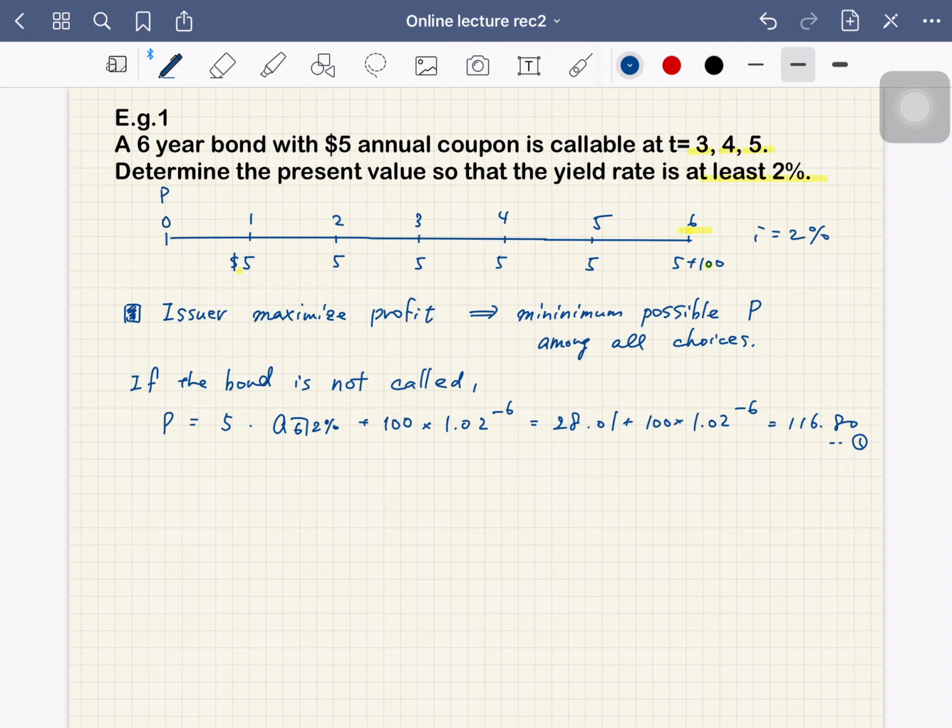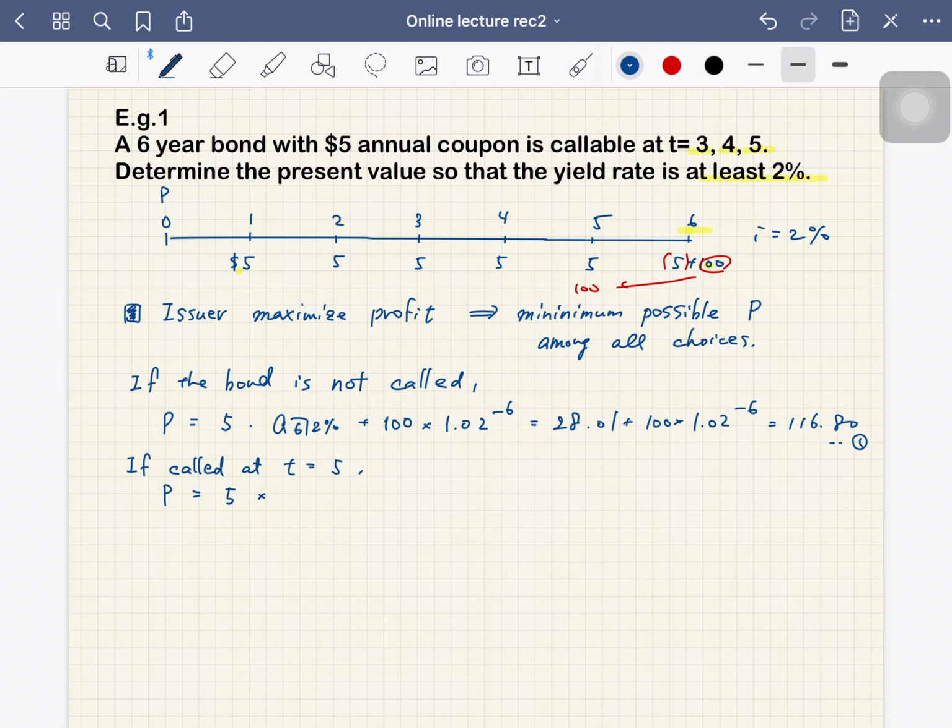Okay, so how about if the bond is called at t equal to 5? So then what happens? So then P is equal to 5 times, so it's called here, so 100 just becomes here, then this disappears, so just a 5-year bond.